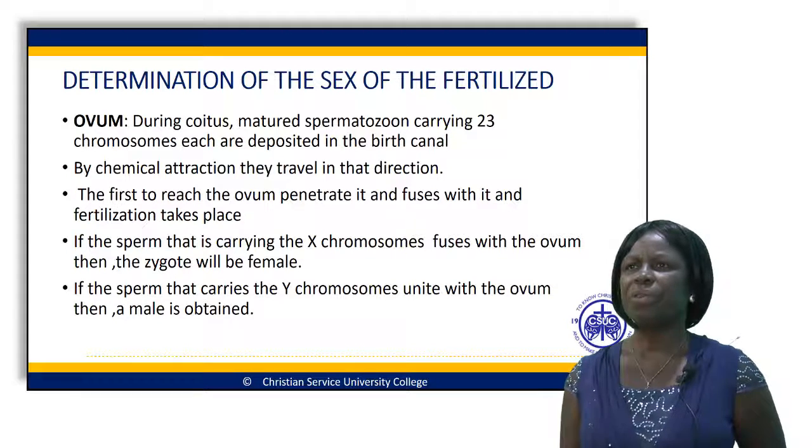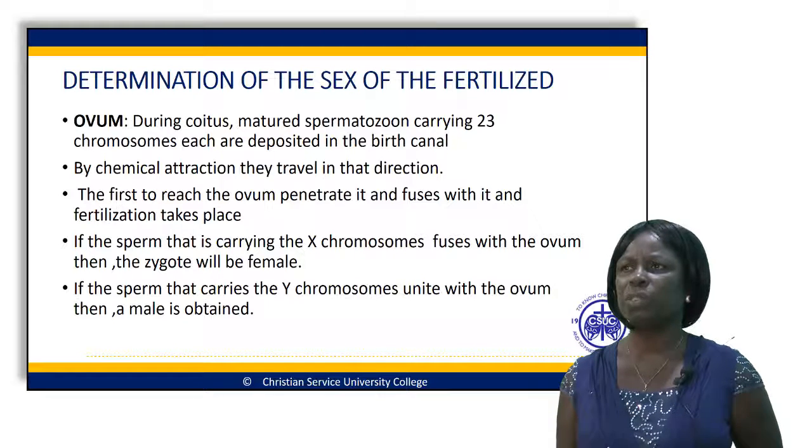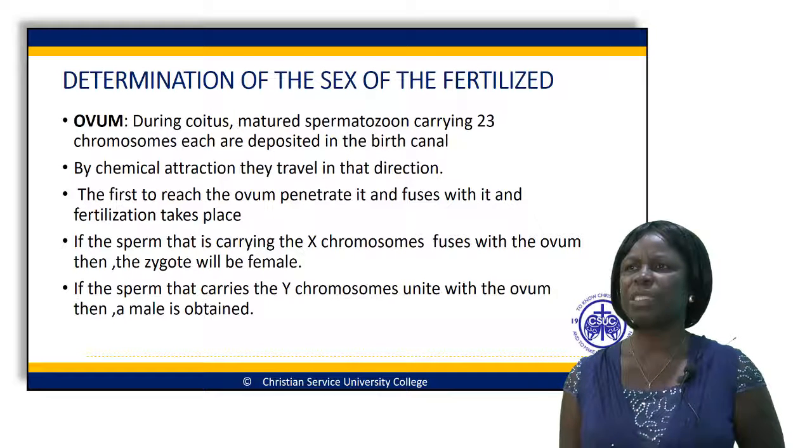Determination of the sex of the fertilized ovum. During coitus, matured spermatozoa carrying 23 chromosomes each are deposited in the birth canal. By chemical attraction, they travel in that direction.